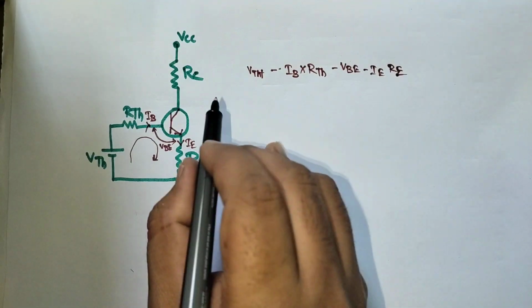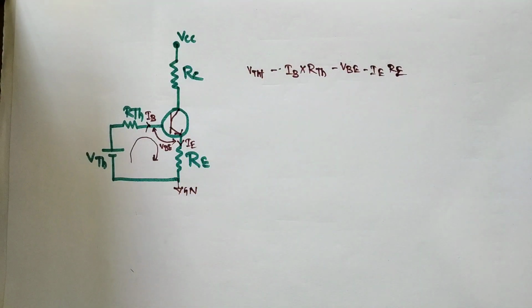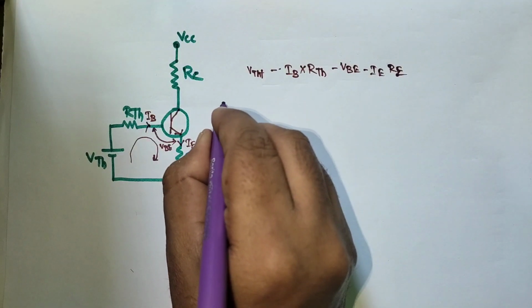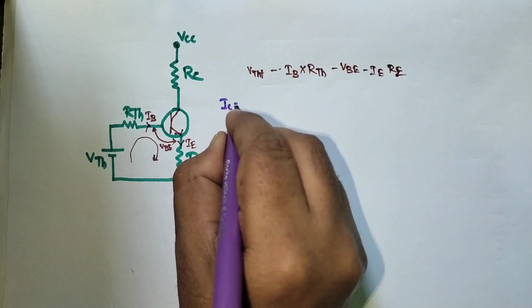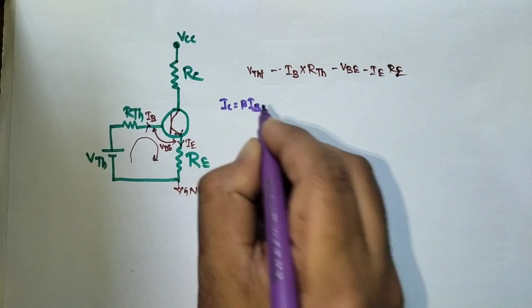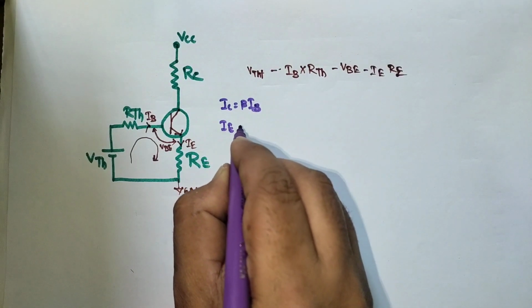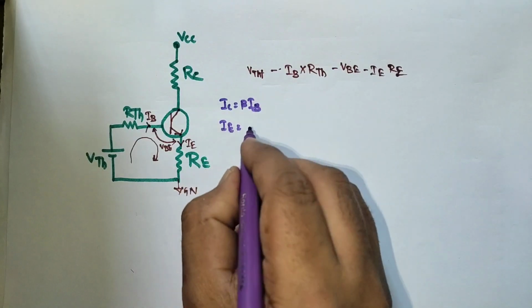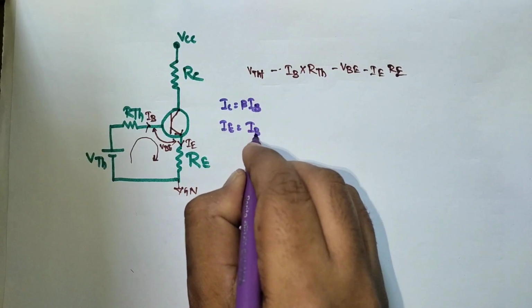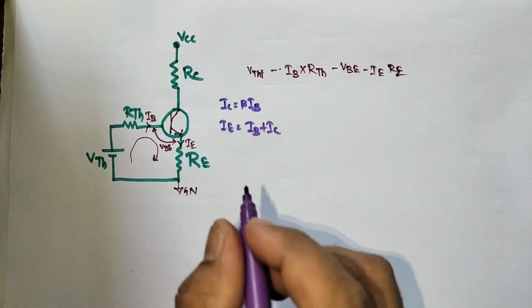You already know from the previous video that IC equals beta IB, and IE equals IB plus IC.